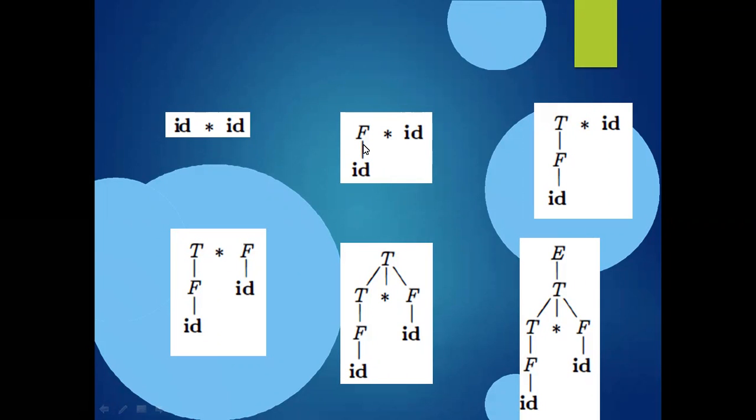And there we have another production, T tends to F. Then in the place of this ID, F tends to ID is the rule, so F. Now T star F is derived from the production rule T tends to T star F. And E tends to T. See, the starting symbol of the given grammar is E.